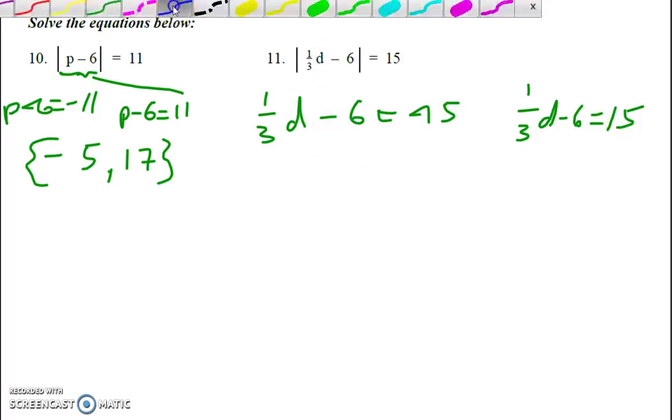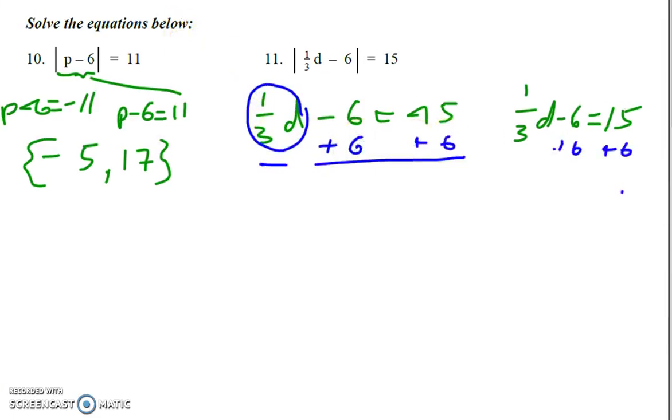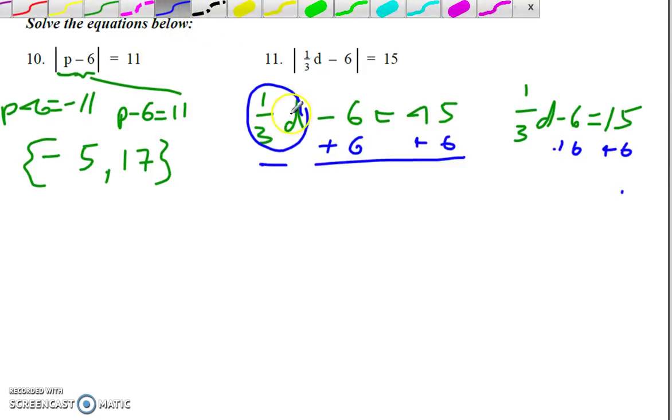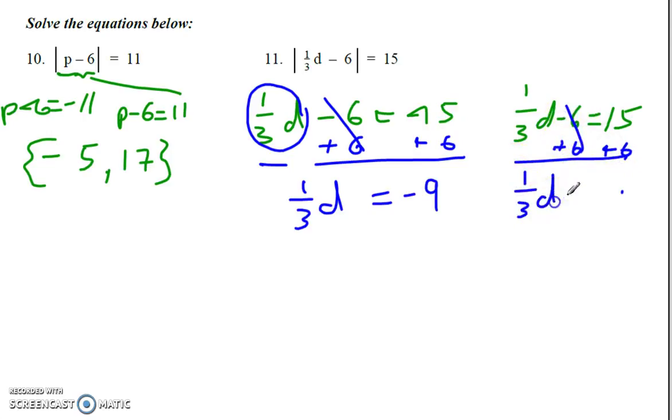Now, safety circle goes around the entire variable expression with its coefficient, so we add 6 to both sides first. And so then this cancels out. I get 1/3 D is equal to -9. Over here, same thing. Add 6 to both sides. Cancels out. 1/3 D is equal to 21.